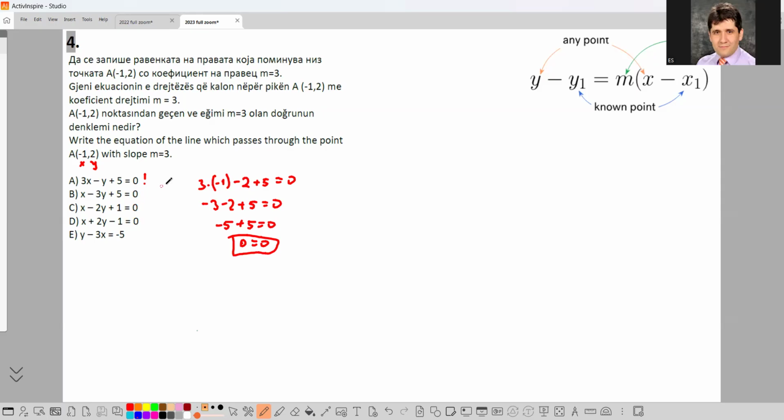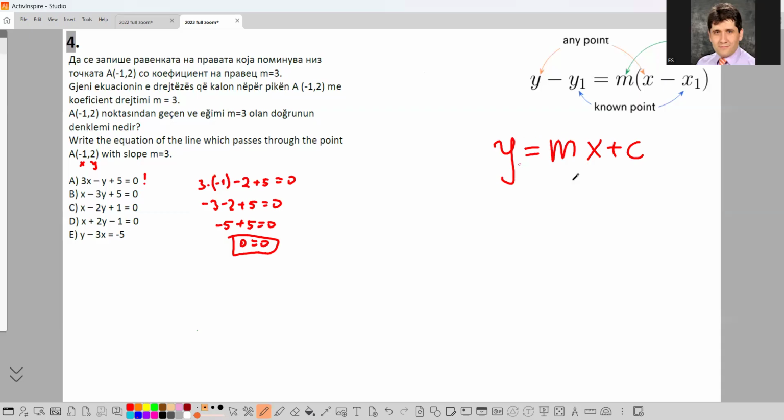Not yet. I don't know whether the slope is actually 3, right? How do I figure out the slope here? Well, I must write the equation in the form y equals a number times x plus another number. This would give me the slope. M is the slope.